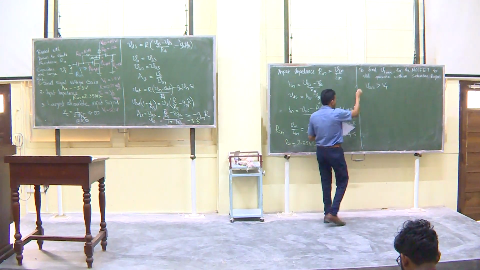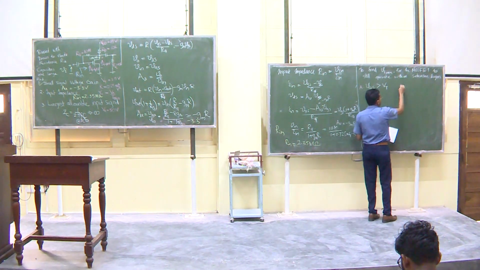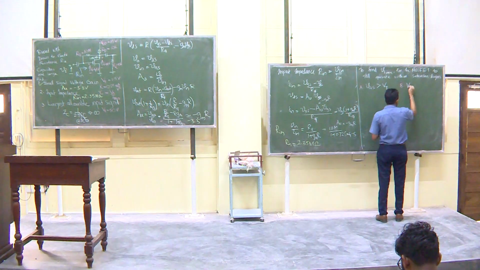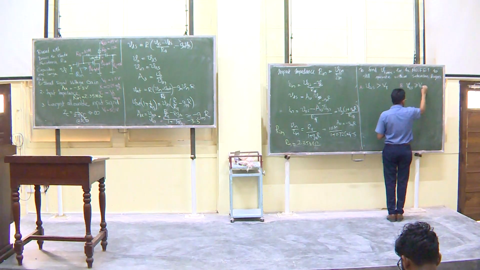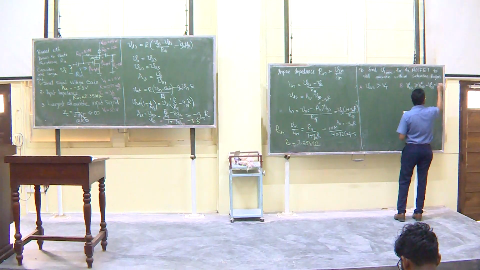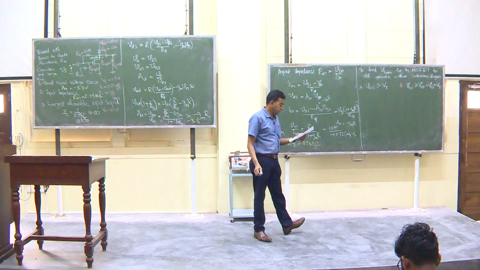Let's call this A. And B: the overdrive voltage, VDS should be greater than or equal to V overdrive, which is equal to VGS small plus VGS capital minus VT. Those are the two conditions that we need to satisfy.